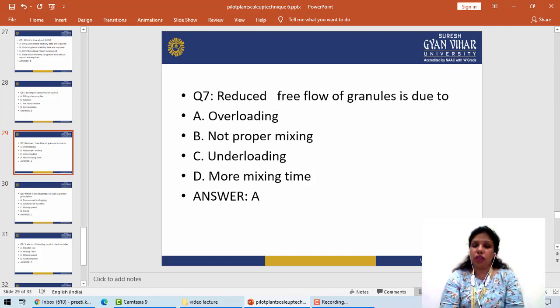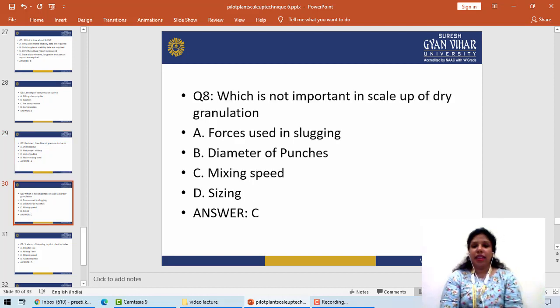Next is, reduced free flow of granules is due to overloading, not proper mixing, underloading, or more mixing time. So answer A is correct, that is overloading. Next is, which is not important in scale up of dry granulation?